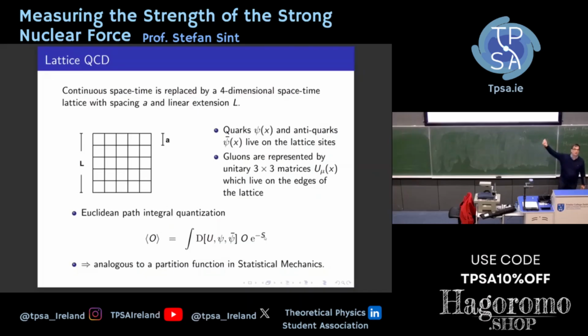The action is the integral of the Lagrange density that we had. So this looks very much like statistical mechanics, and technically there are very many similarities. You can think of this as a very peculiar system in statistical mechanics, where we compute expectation values. And all the physics information is buried in such expectation values.